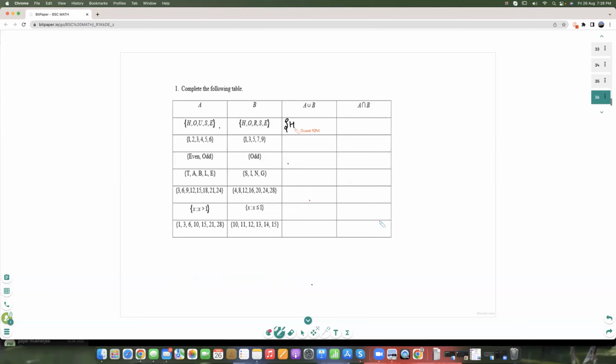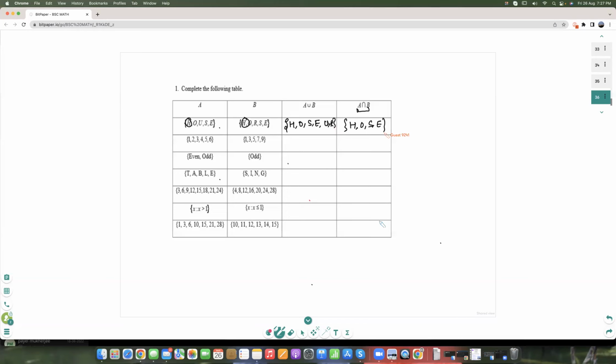So H, O, then S is also common, U, E is also common, and then R. The intersection is what? We just need to write down those that are common in both sets: H, O, S, E.